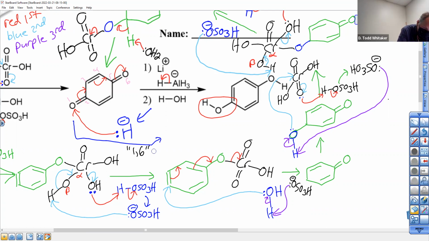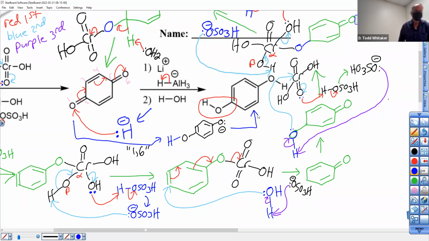Okay, and now you got your H down there on your O. Double bond, O minus. My goodness, that looks a lot like this product here. How do you get that H on there? Step 1 is over, everybody. That's just a good old acid-base reaction in step 2. I forgot to edit HOH, by the way.